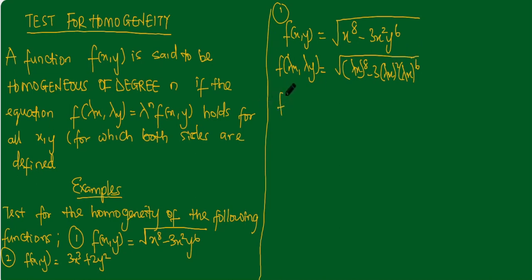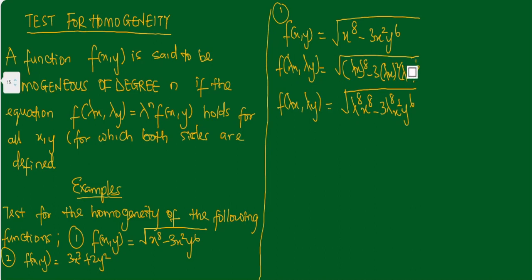So our f(lambda x, lambda y) now becomes the square root of lambda raised to power 8 x raised to power 8 minus 3 lambda raised to power 8 x squared y raised to power 6. Sorry, there's a mistake in what I wrote initially. This should be lambda y raised to the power of 6.